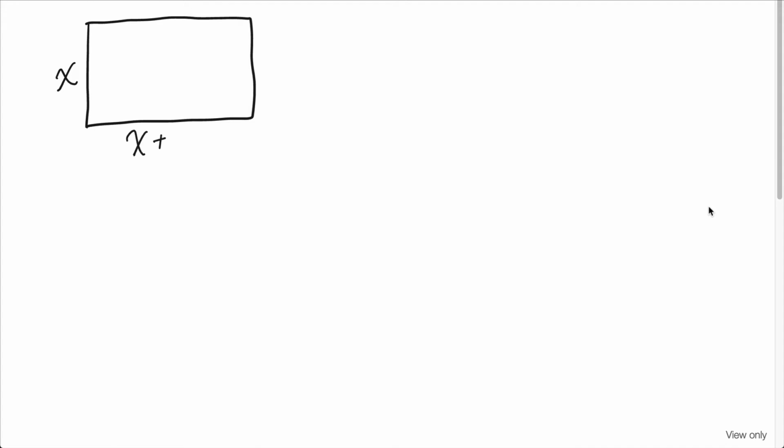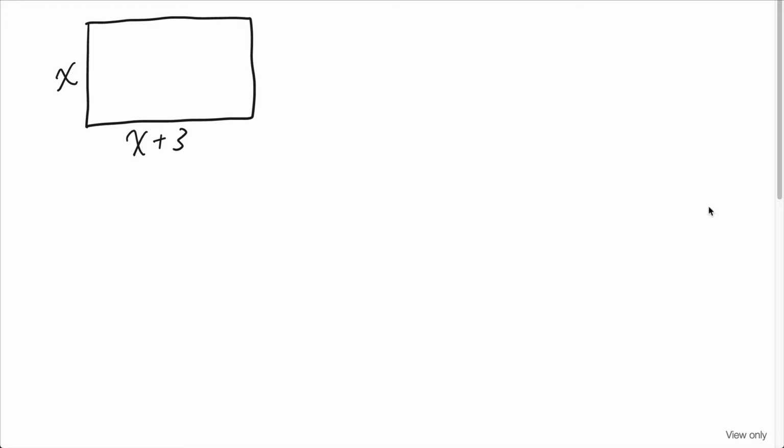So next problem will be a rectangle problem. So we have a rectangle like this. We don't know the side length here, x, and we don't know the other side length either, but we know that it's 3 more than the other side.